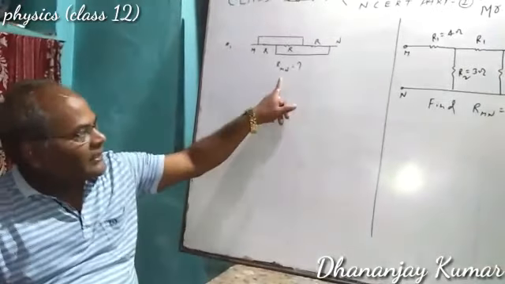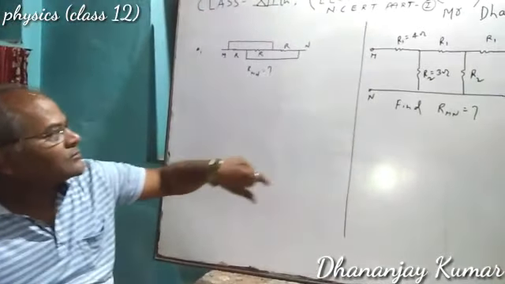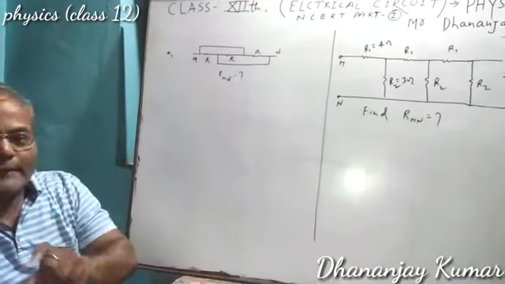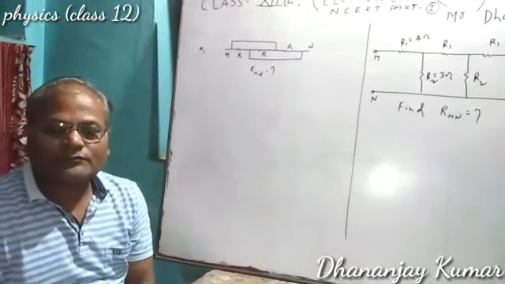And so, here are two important numericals. In these two given numericals, we have to get the value of equivalent resistance.